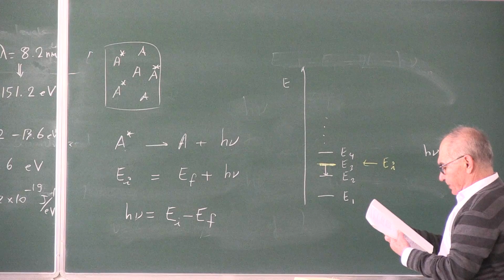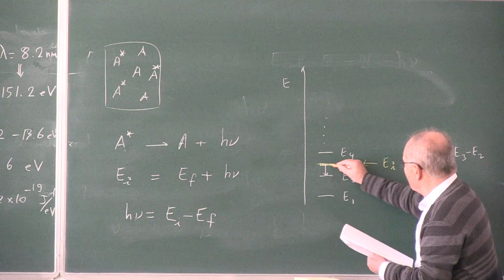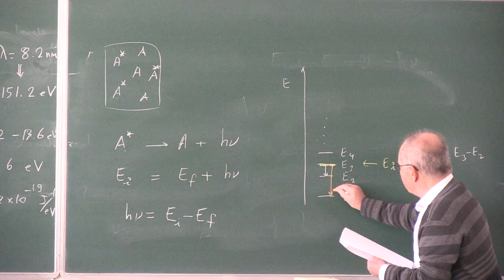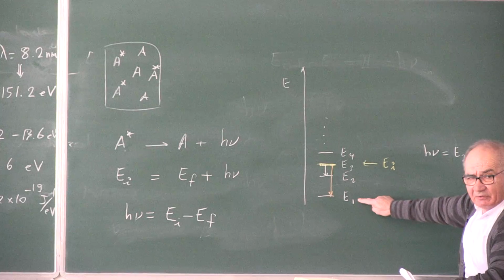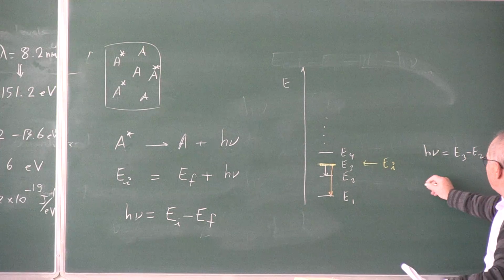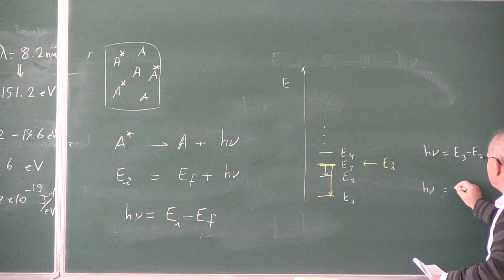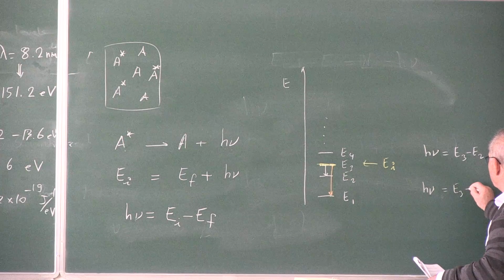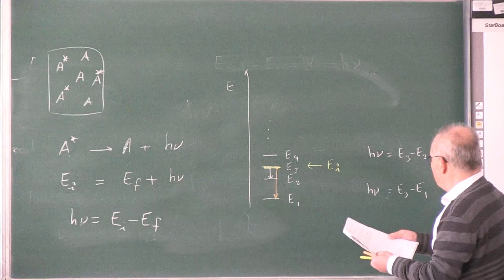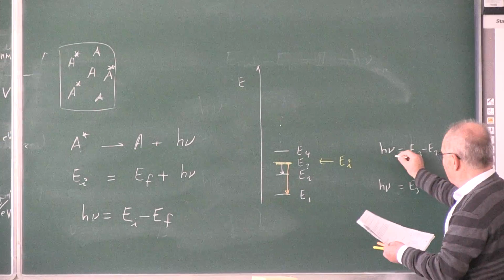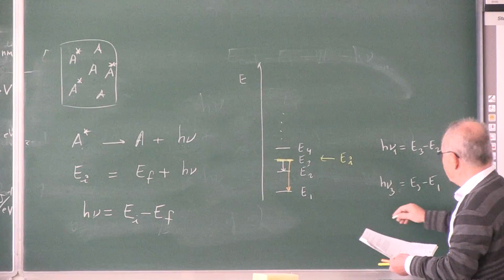Another possibility is transition to the lowest level, E1 level. In this case, photon energy will be E3 minus E1. I have indicated this as, and this one 3.